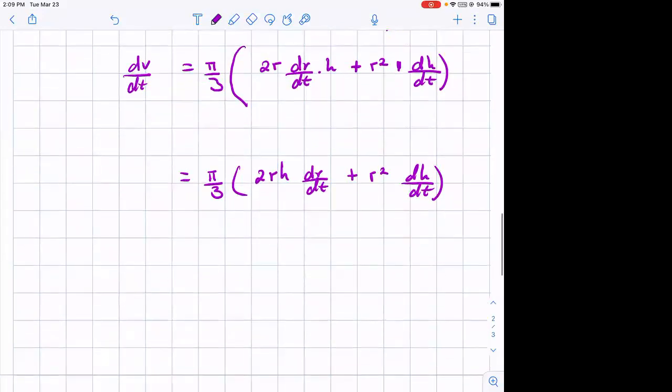And this is differentiation with respect to time, right? Any questions here? So that's where we had left off last class.